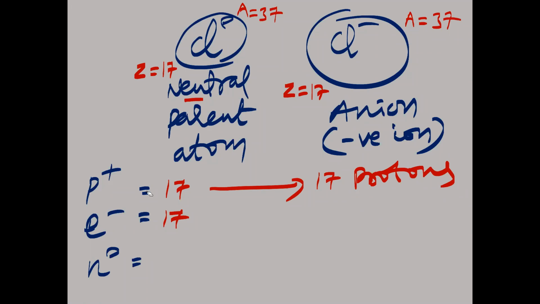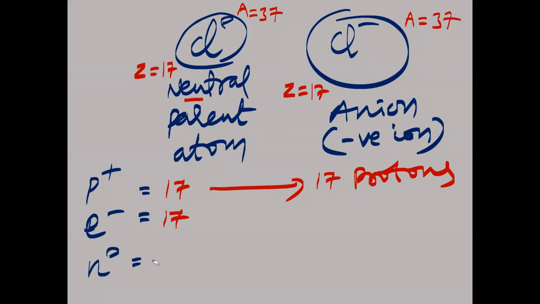The total positive charge of protons equals the total negative charge of electrons. Therefore, the parent atom has no charge. Atomic number Z 17 indicates protons number 17, electrons number 17 for the parent neutral atom.